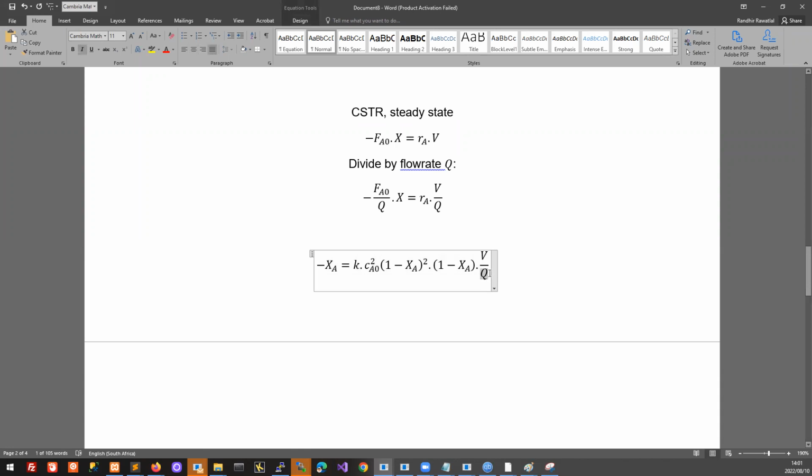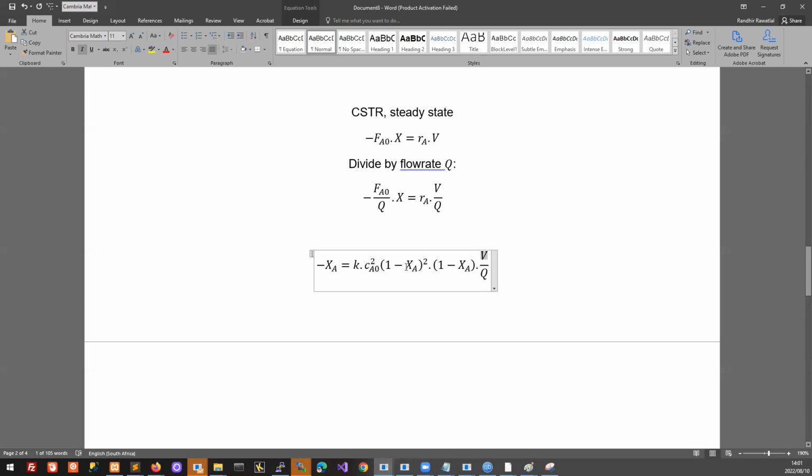So assuming the flow rate is the same, now we are simply given X. So we are given 70%. So we substitute 70% for all these XAs here. K is still the same. That's nature. That's the kinetic rate constant. You can't change that. We assume that we are still feeding at 30 moles per cubic meter. So everything is now defined except for this V. So we can solve for the volume here.